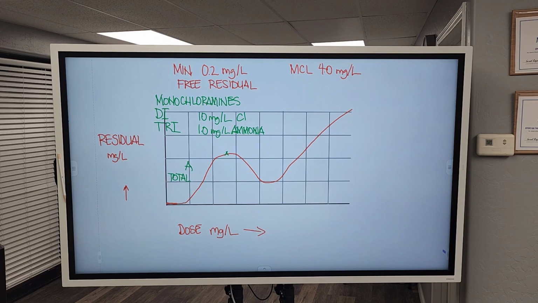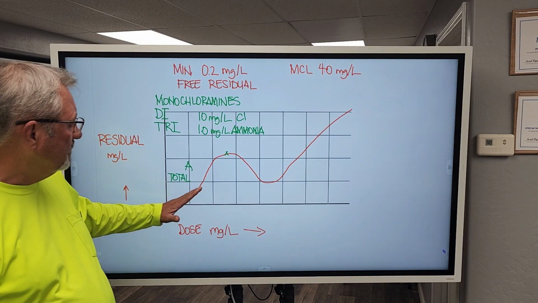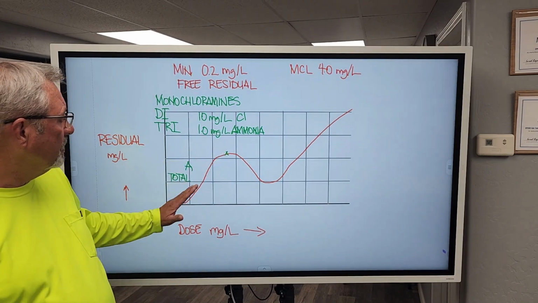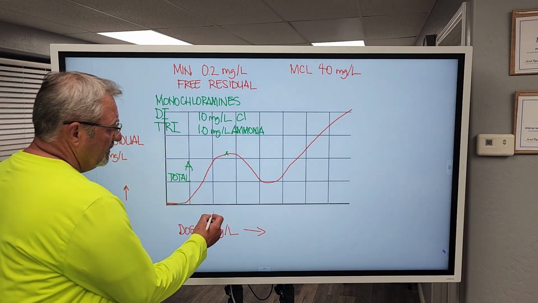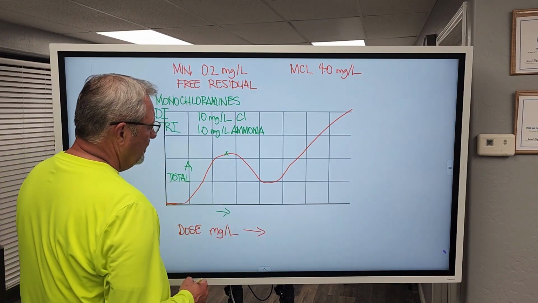So it takes a lot more chlorine to break down a little bit of ammonia, or these organic compounds that are in the water. This is when chloramines are formed, but we increase the dose of chlorine again.